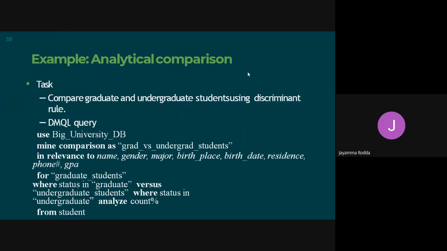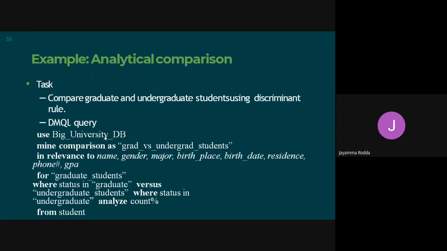So here there is a university database. From that university database, we are going to retrieve the data, both contrast and target classes. So what are the comparisons we are going to get from the big university database?